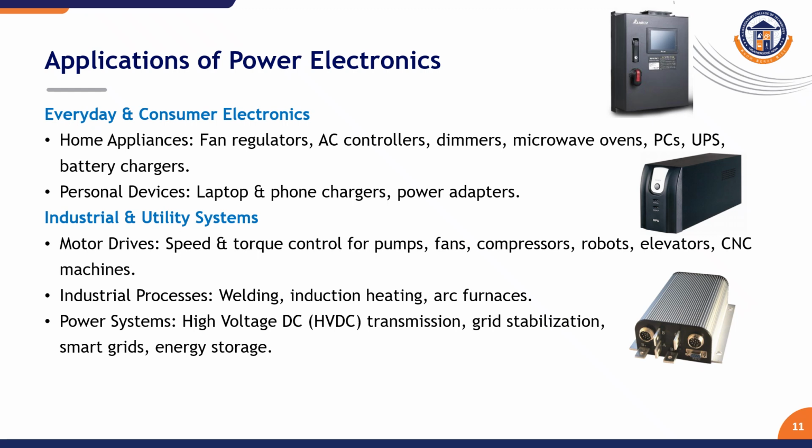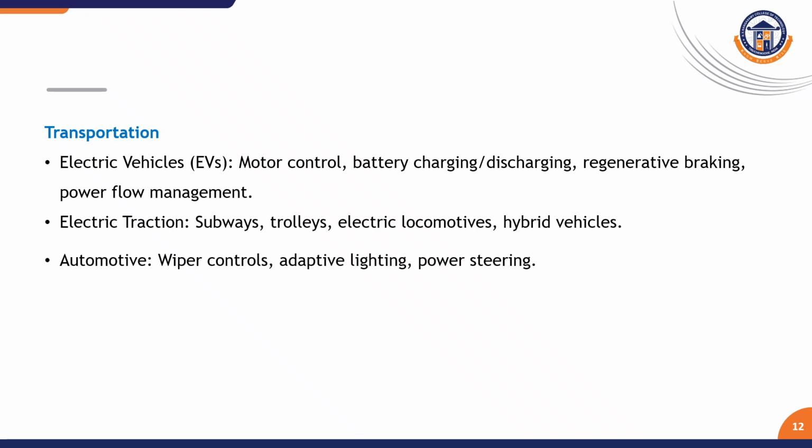Everyday consumer electronics, for example fan regulators, dimmers, AC controllers, microwave ovens, UPS, laptop chargers, and phone chargers. Industry and utility systems, control over pumps, fans, compressors, etc. Power systems, high voltage DC transmission, as we have already seen. Industrial processes, induction heating, arc furnaces, etc. In transportation, we all know electric vehicles, electric traction, and automotive applications.